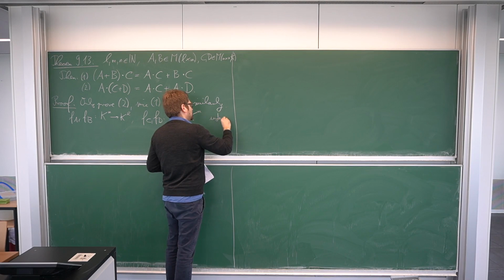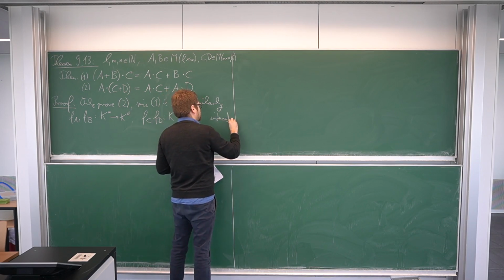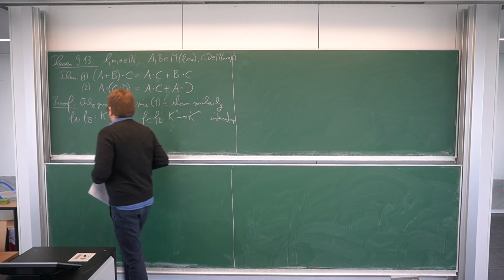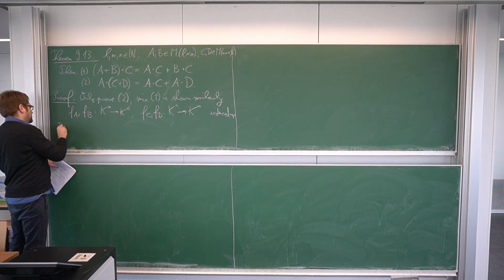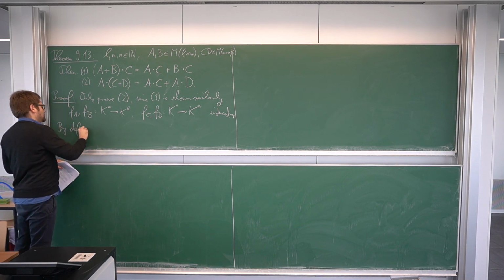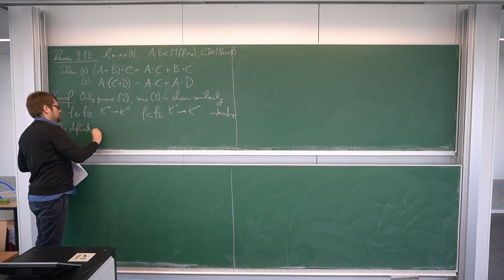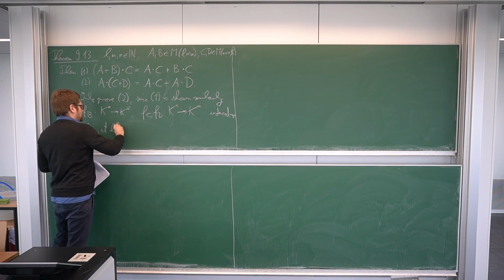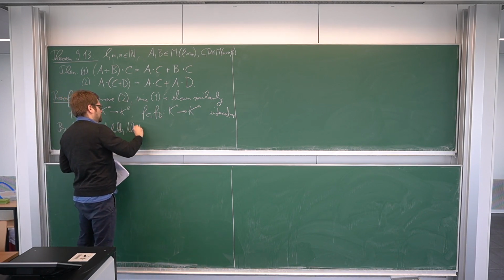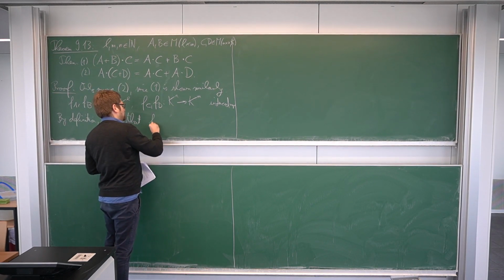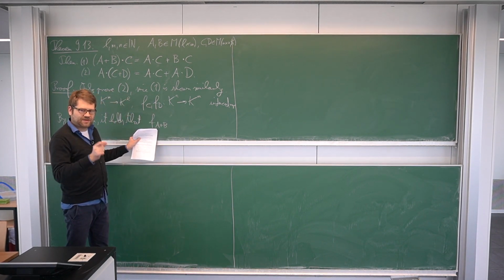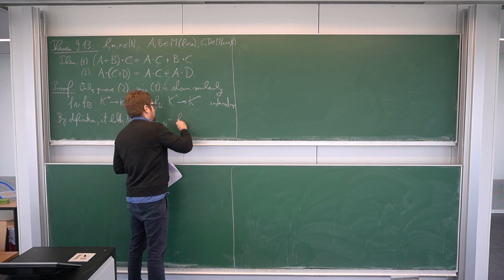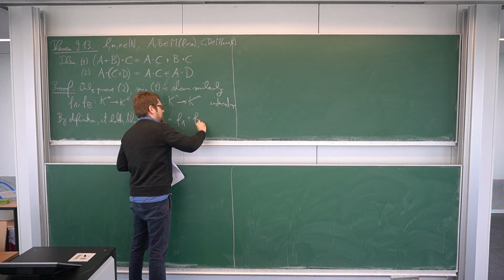Let those be the induced maps, so maps induced by the matrices. What's easy to see, and this is something I think I haven't done explicitly, but this follows right from the definition: the map induced by a sum of matrices, the map induced by the matrix sum A plus B, is the same as the sum of the maps Fa plus Fb.